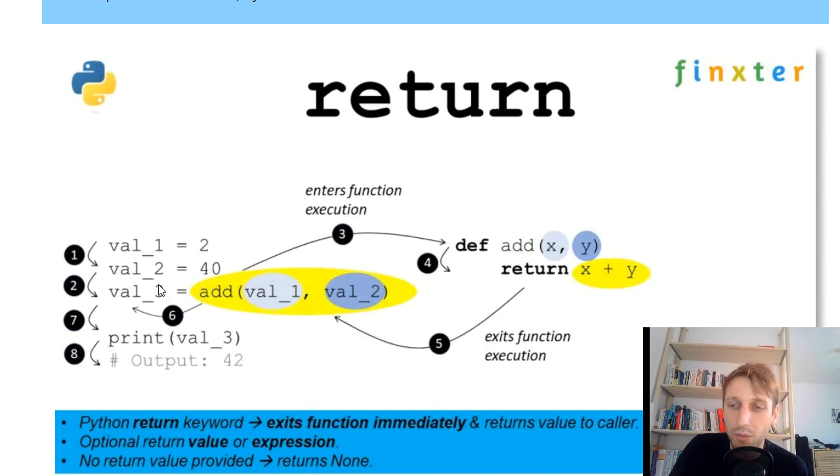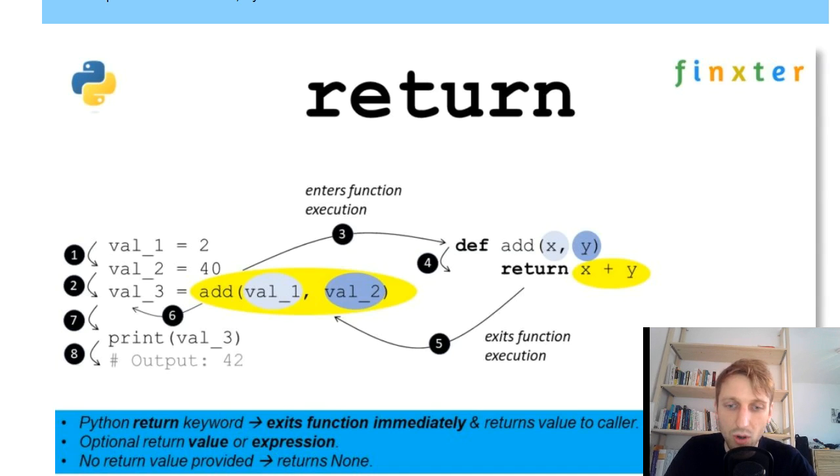Now the caller, our main program, has the execution again, so it assigns the return value 42 to the variable value 3 that it has just created. So value 3 is now set to 42, and next we print value 3, which is 42. So the output of the whole code would be 42.